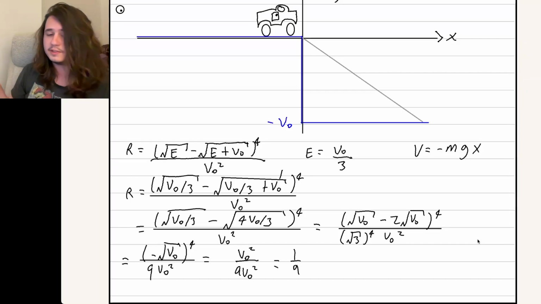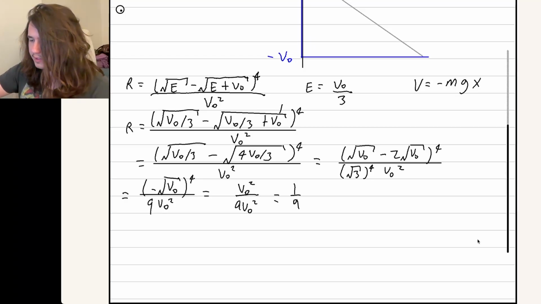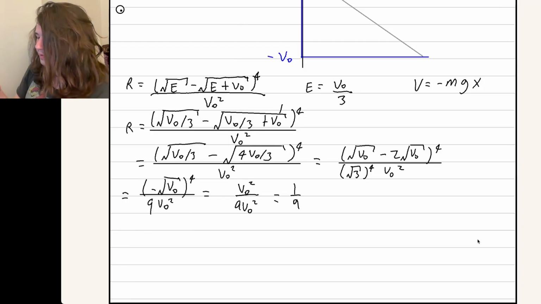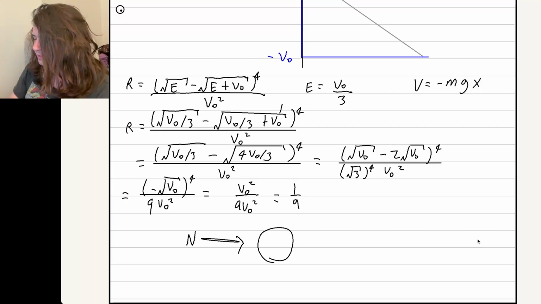So the next part of the problem asks, what if you're in a fission reactor? Fission occurs, and you've got a free neutron flying out of one of the nuclei that gets fissioned and breaks apart, and then it happens to get right in the path of a nucleus that is full of protons and neutrons.